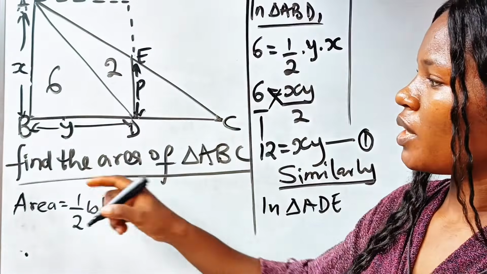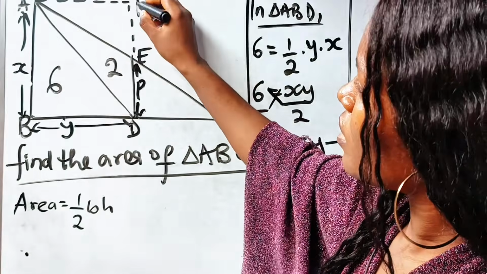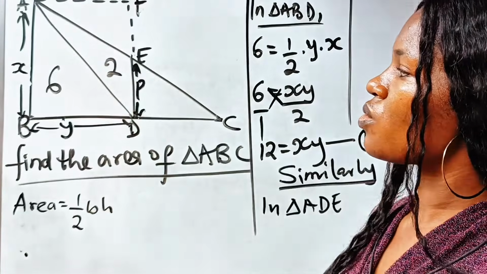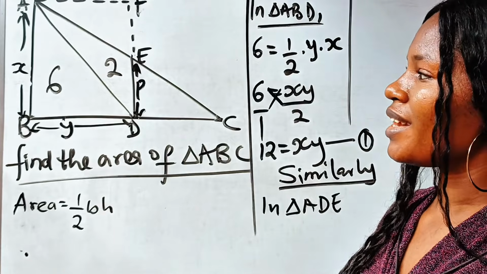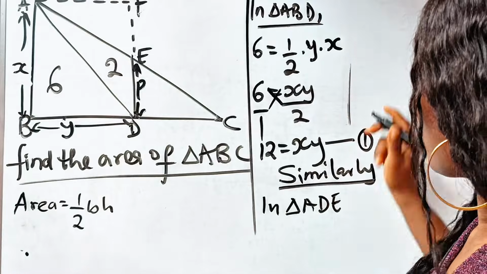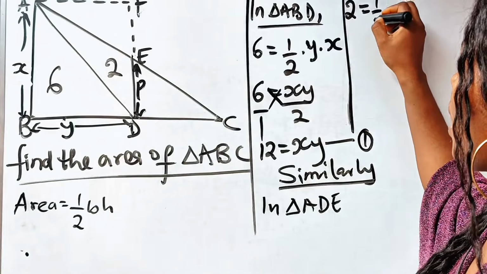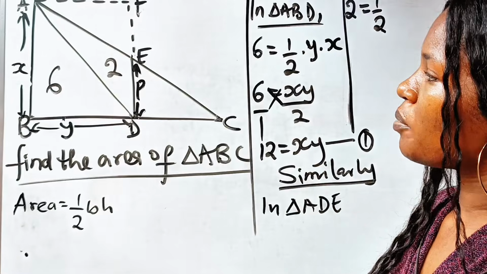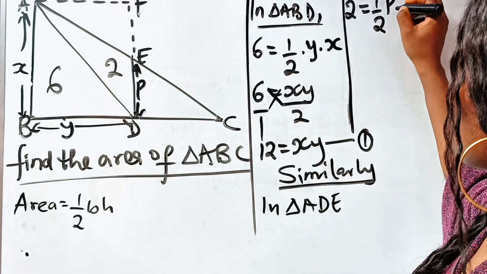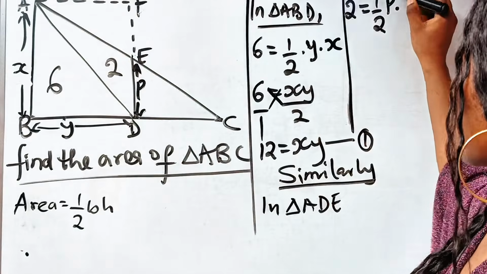Remember that BD is equal to X. Let's call this place F. So AF will also be equal to Y, and that is actually the height of triangle ADE. So in triangle ADE, the area, which is 2, will be equal to half multiplied by the base DE, which is P, multiplied by the height AF, which is also Y.